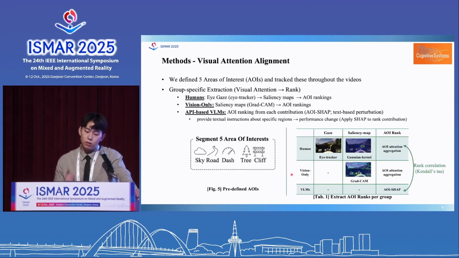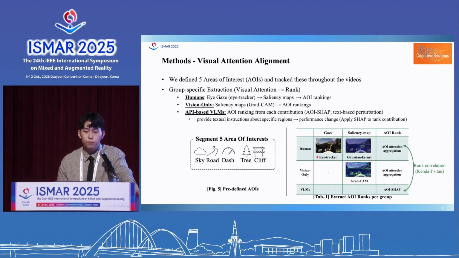So here is the most important part of our work. Measuring visual alignment is quite tough. So we first define 5 areas of interest and track them through the videos. Using these AOIs, we employ a group-specific method to extract attention patterns. Look at the figure below.